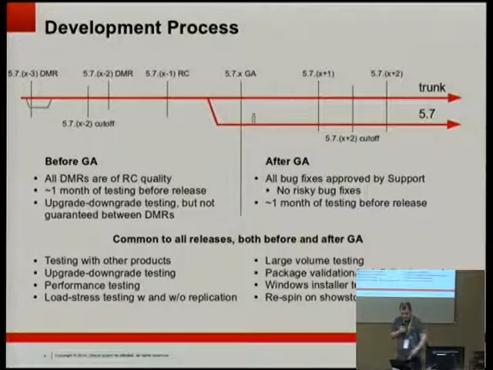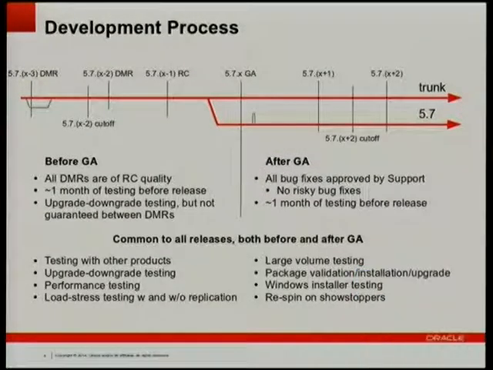So if we follow a single feature through this, before the DMR, about a month before, we have a cutoff where we don't add more features. So we spend a month in QA, more or less.